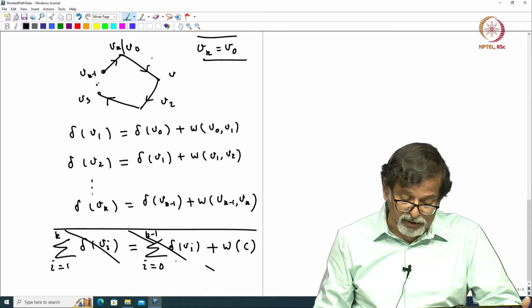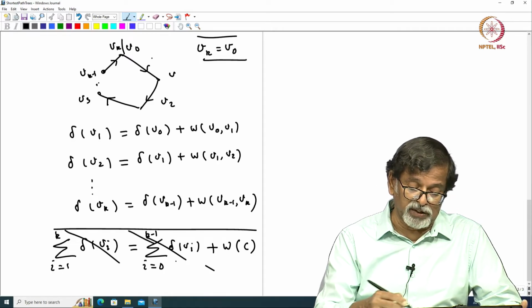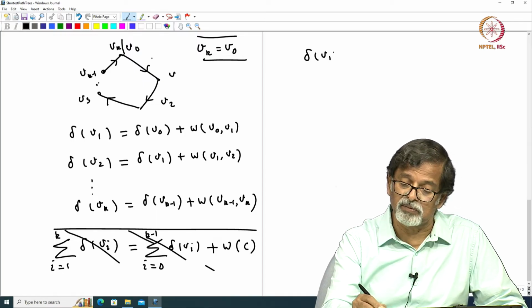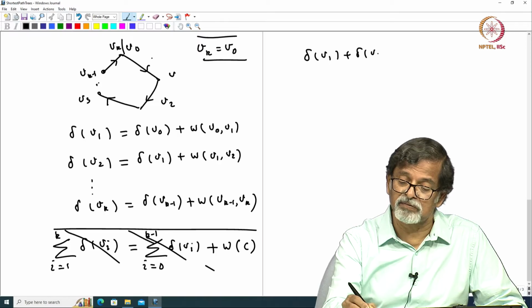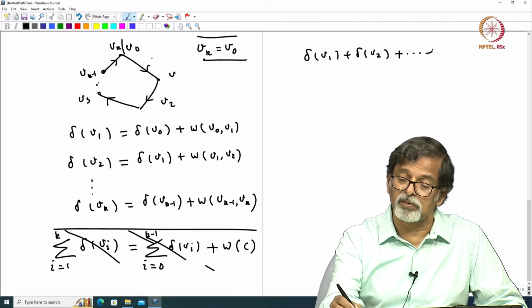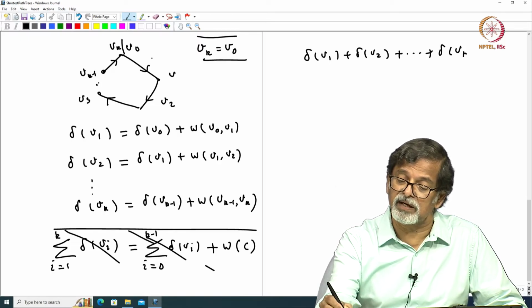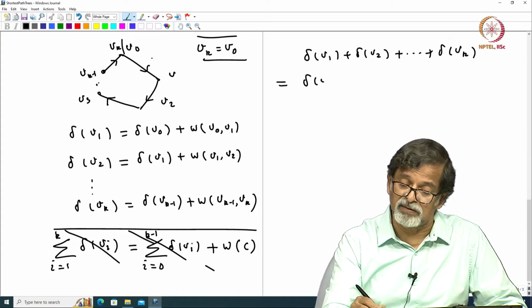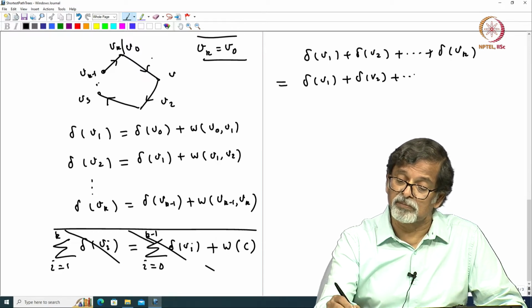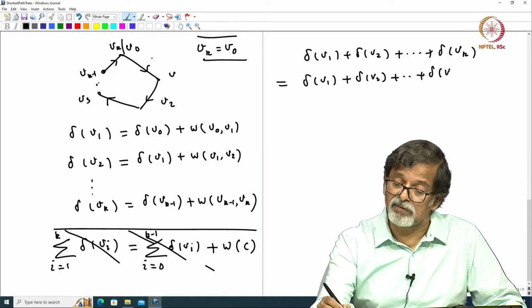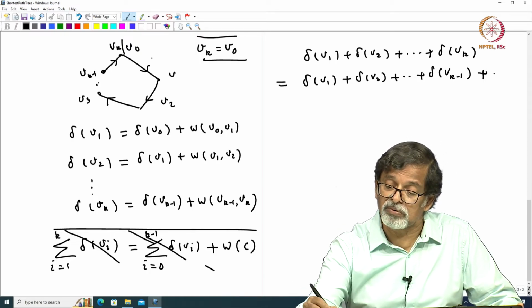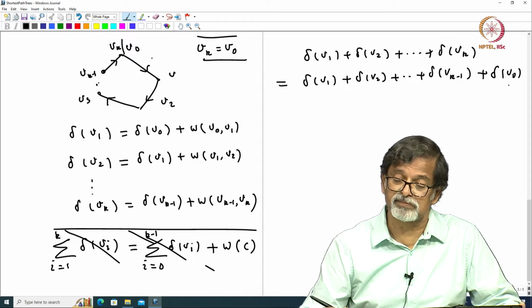Why are they equal? If you look at V1 to Vk, delta V1 plus delta V2 up to delta Vk is the same as delta V1 plus delta V2 plus up to delta Vk minus 1 plus delta Vk, where Vk is V0, so delta V0.